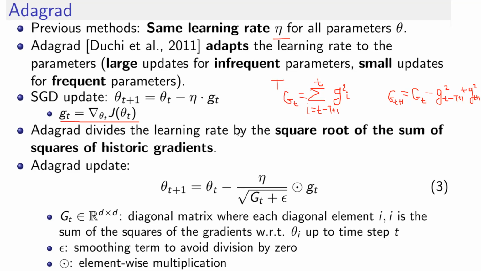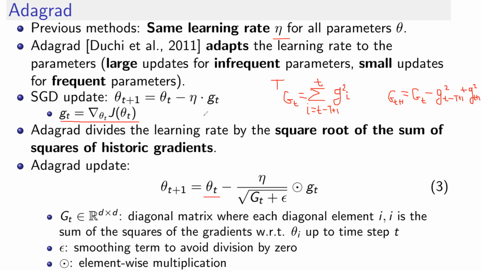Okay. Now, what we do is we update this value, our theta_t, by eta divided by the square root of G_t plus epsilon. So why do we need epsilon? For example, during the first step, we don't have anything.